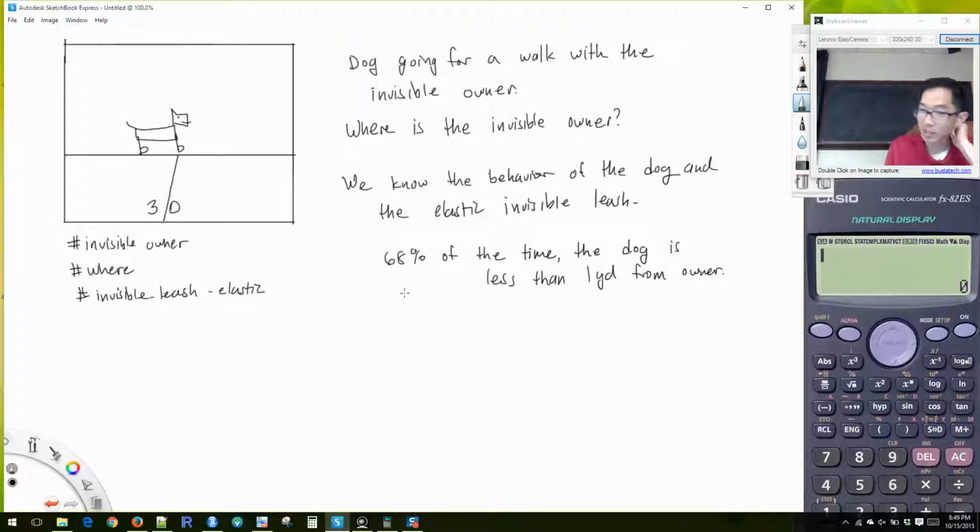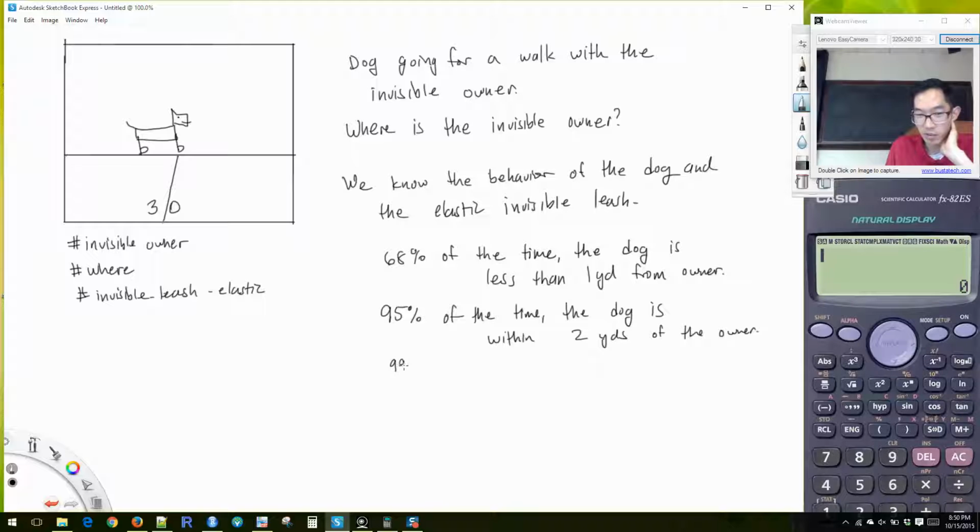But every now and then he finds something interesting and will pull against the leash, such that 95% of the time the dog is within 2 yards of the owner.